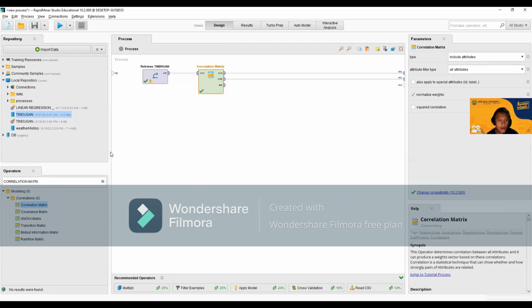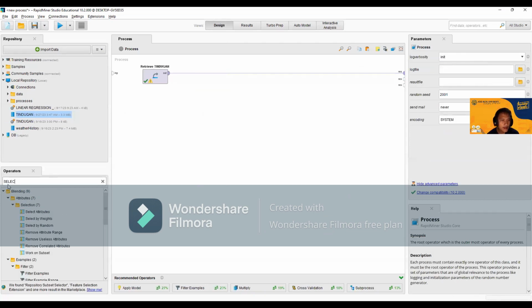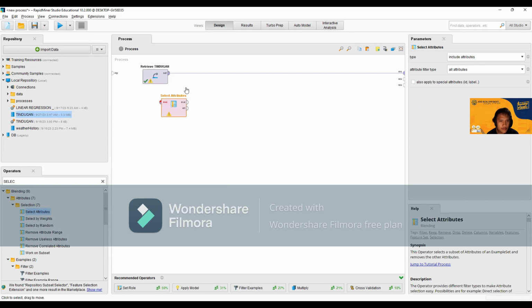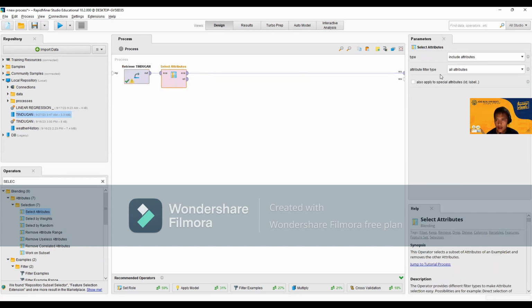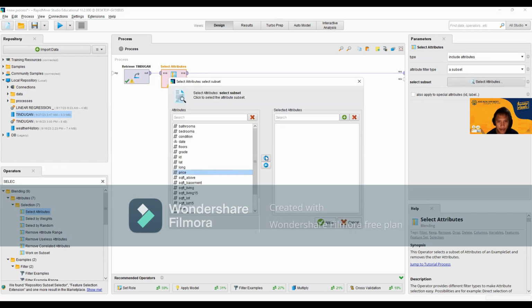So what we're going to do is select attributes: bathroom, square foot living, grade, and square foot above. We need to select the price because this is our y variable.